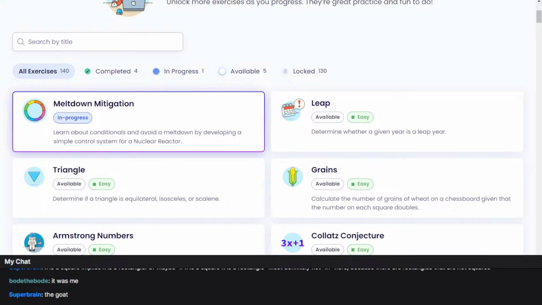If X is, let me look at it. That's really cool. If X is a square, it is a rectangle. Oh, but if you used if and only if, oh yeah, then rectangles would have to be squares, but there would have to be some rectangles that are squares. It's so interesting.